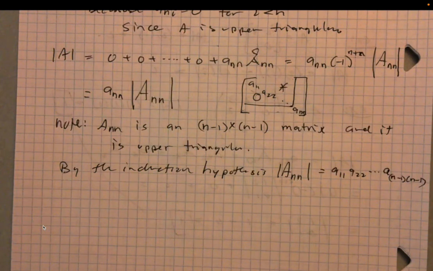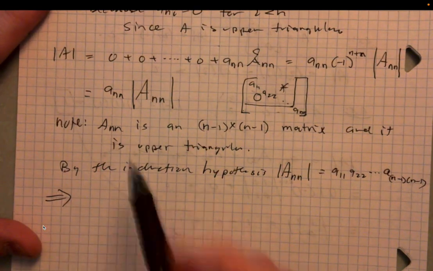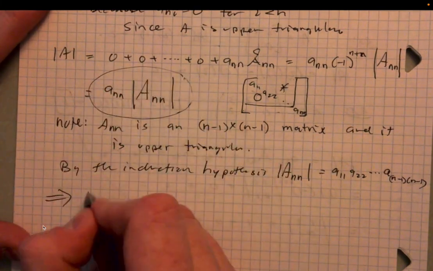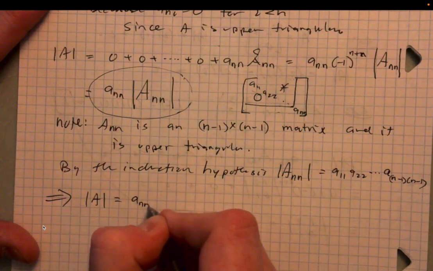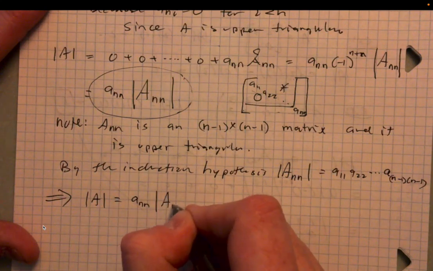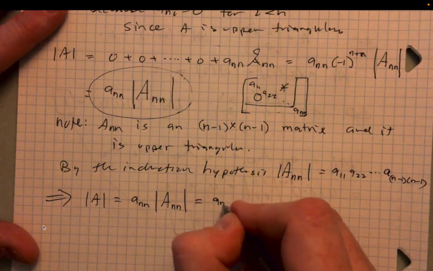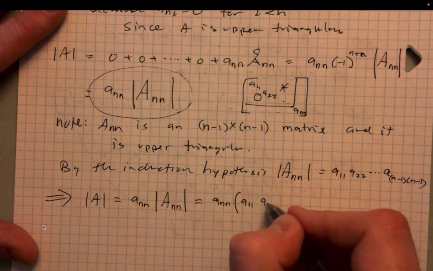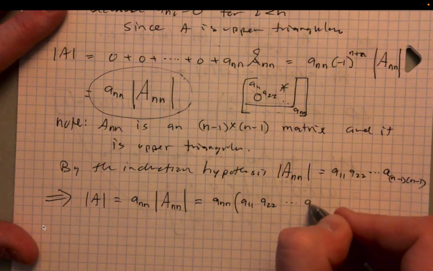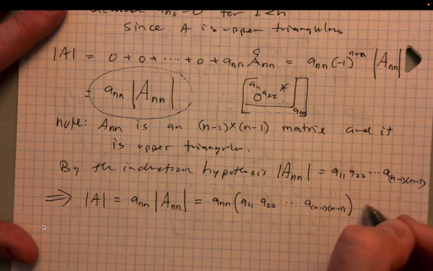These are the diagonal entries of that submatrix. Okay, and so that implies, remember, we've got our determinant of A equal to ANN times the determinant of the NN submatrix, which is ANN times this product A11, A22, dot, dot, dot, A(n-1)(n-1).